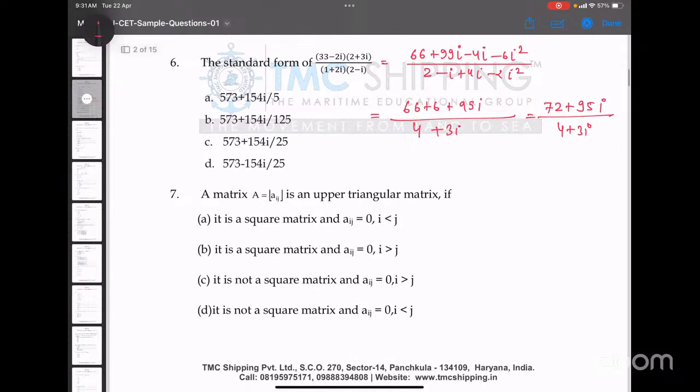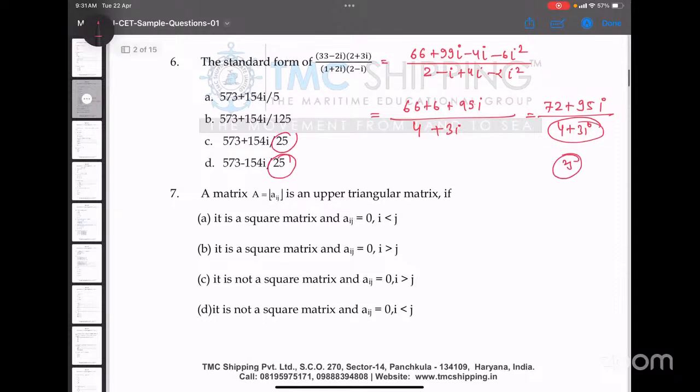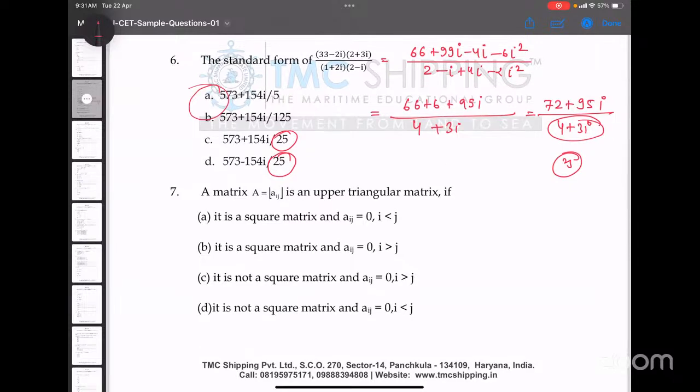Now again rationalize it. So if you rationalize it, this will be 16 plus 9, that is 25. And we have two options with 25. So two options are cancelled out. Now I have to just multiply this on that side. So 72 plus 95 iota multiplied with 4 minus 3 iota will give what?